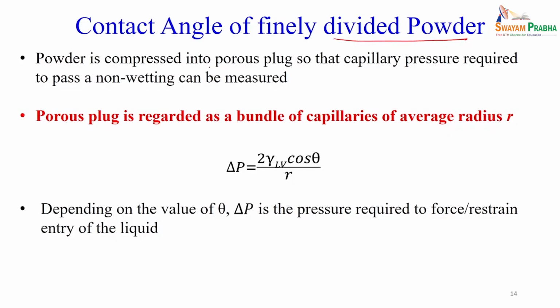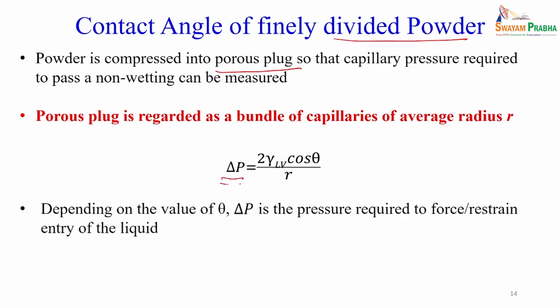So, we prepare a porous plug in which the powder is compressed. It becomes like a capillary tube which is filled with the fine powder. Now, if you have a capillary tube and you pass a liquid, we are going to observe the delta P pressure drop, and that pressure drop is related with the interfacial tension using the Young-Laplace equation.